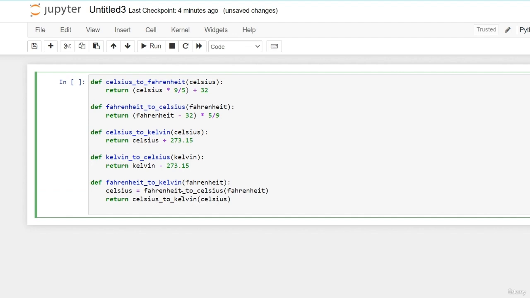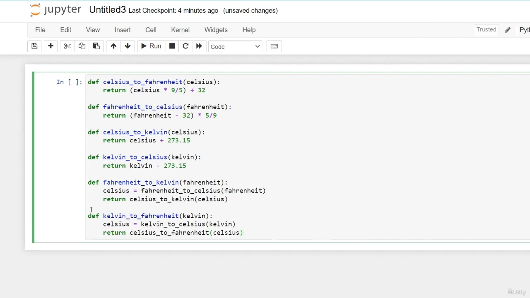So we convert it first to Celsius and then convert it to Kelvin. And now from Kelvin to Fahrenheit: when we have our value, I want to convert it to Fahrenheit. We first convert it to Celsius and then convert it to Fahrenheit.